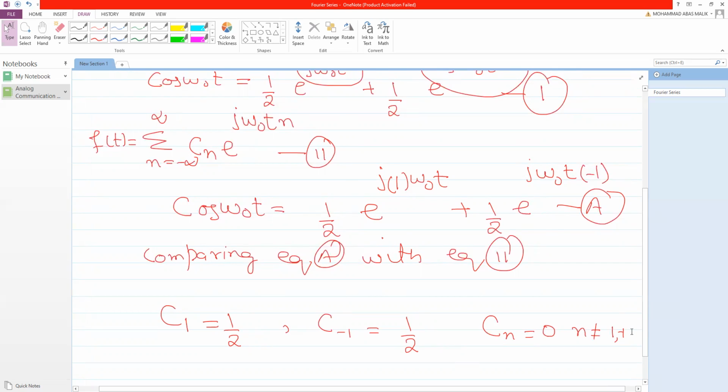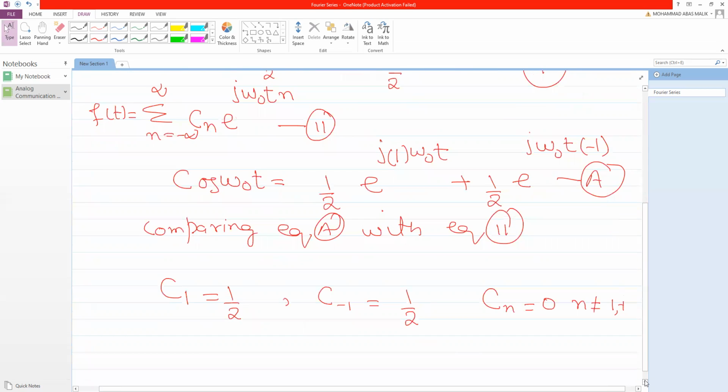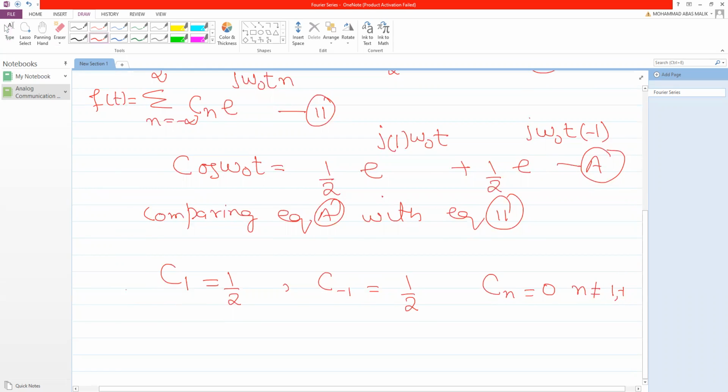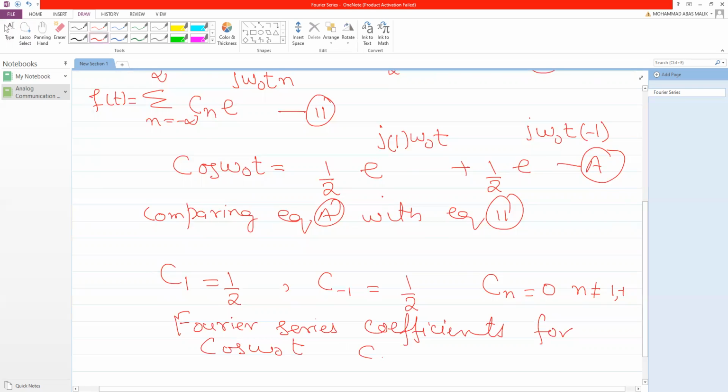All right. So in general, you can conclude that the Fourier series coefficients for this cos of omega naught t are C1 equal to 1 by 2 and C minus 1 equal to 1 by 2.